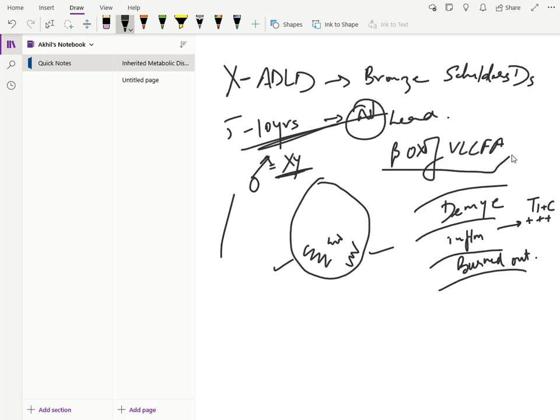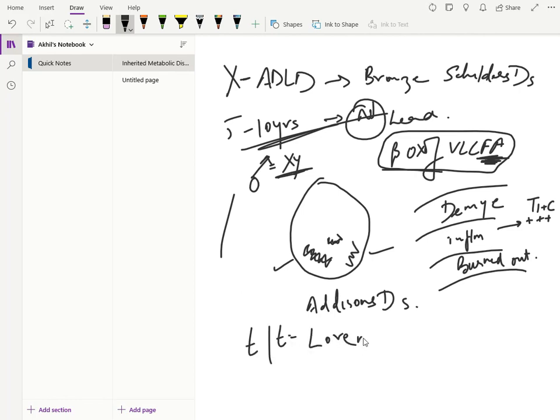So this is basically the pathology behind the disease, and there is buildup of these fatty acid chains, and that's what causes the disease. Now, besides occipital lobe involvement and the splenium involvement, it can also lead to Addison's disease. And the treatment for this is Lorenzo's oil.